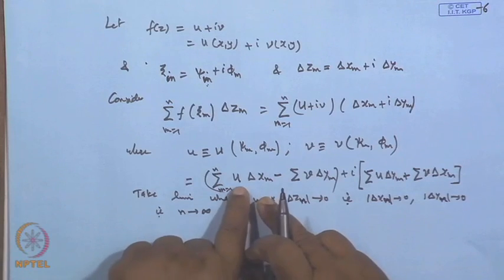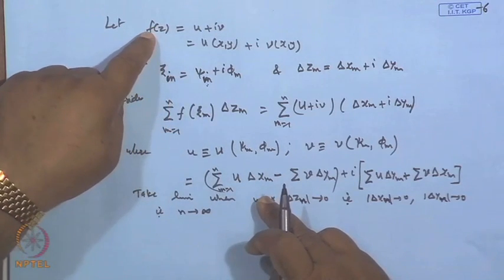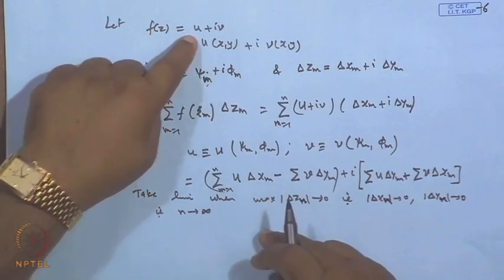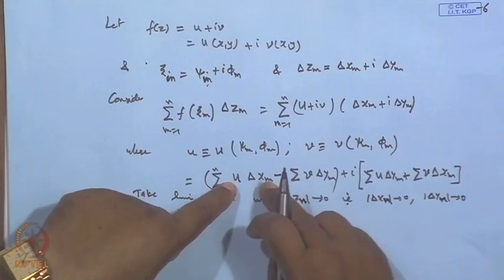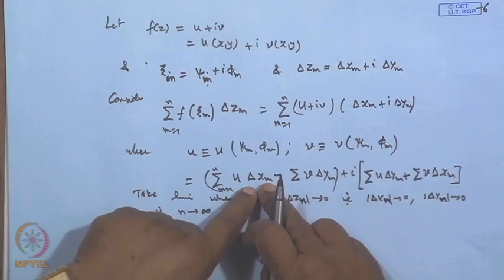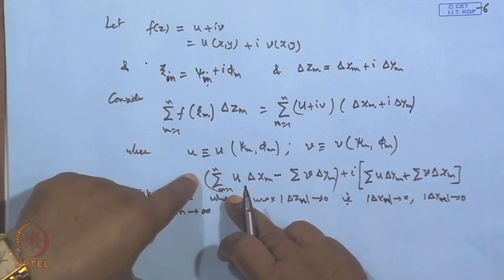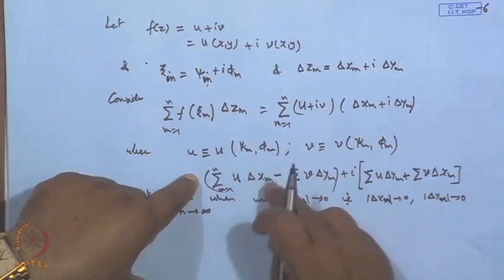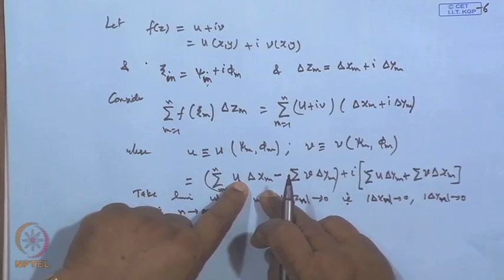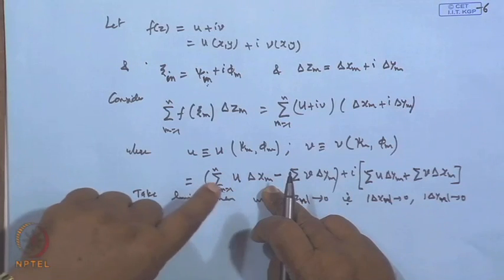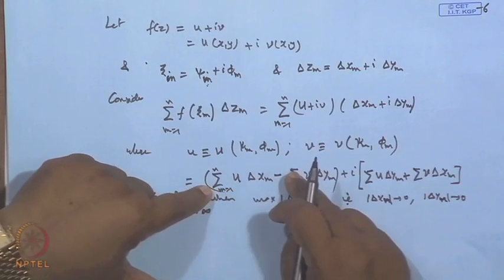Now, f is assumed to be a continuous function, so u and v both are continuous functions. So, u is a continuous function, and the sum of u delta x_m, when m is 1 to n and n tends to infinity or the maximum of delta x_m goes to 0, is basically equivalent to the Riemann integral, the definite integral as a limit of a sum.